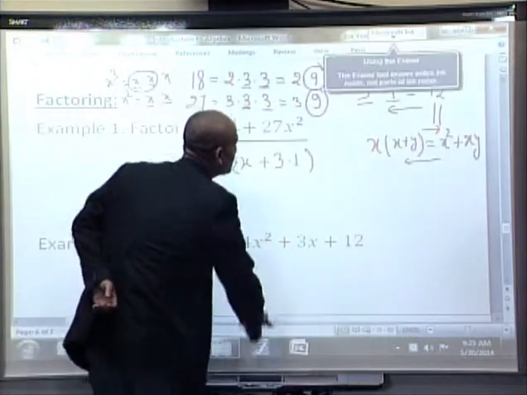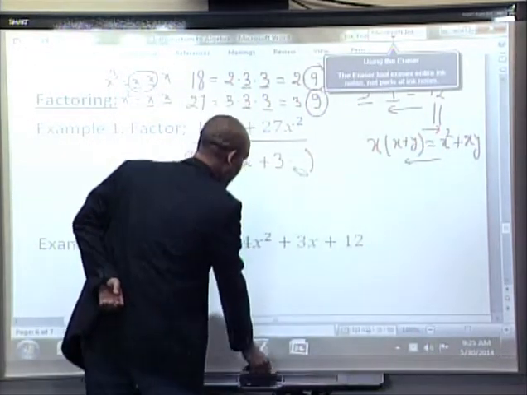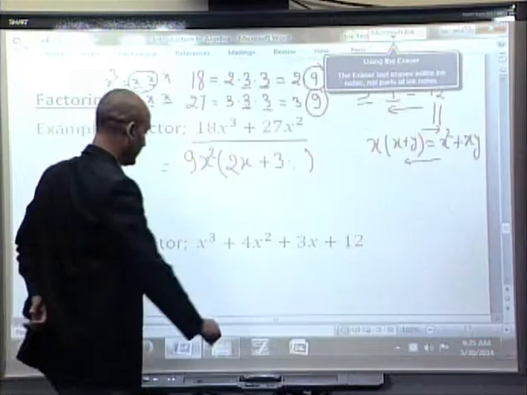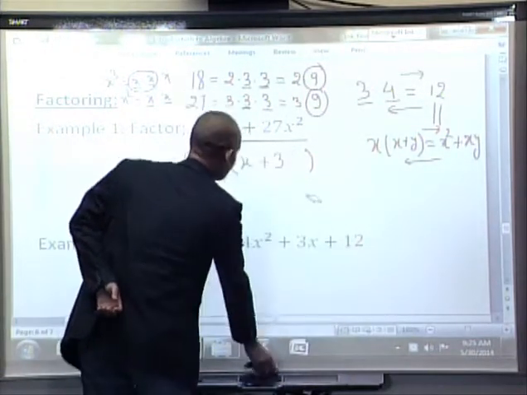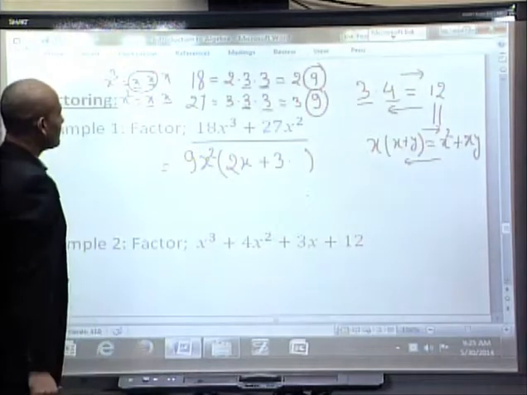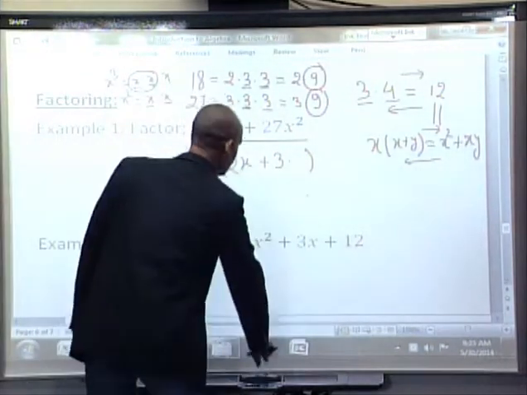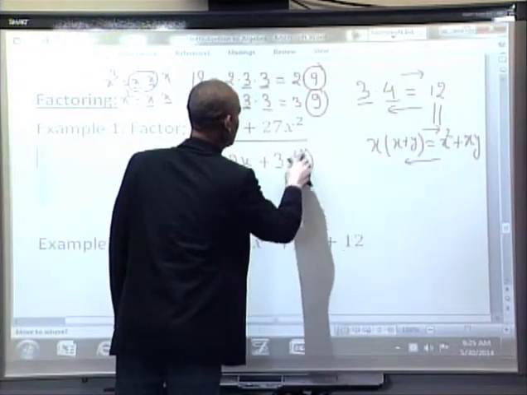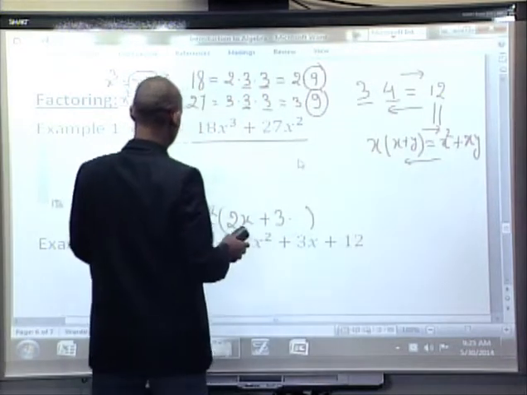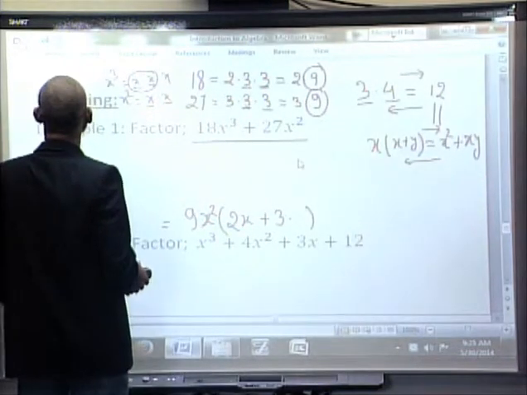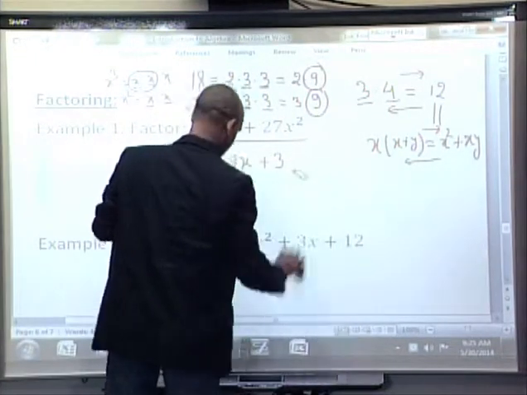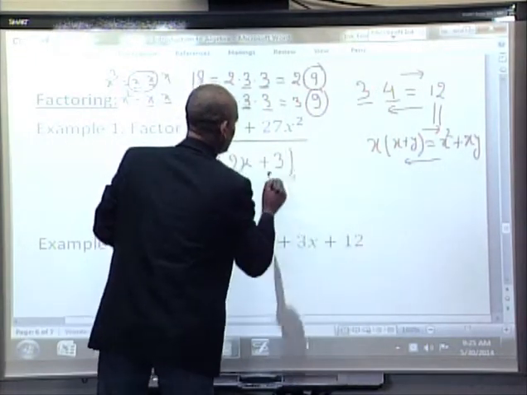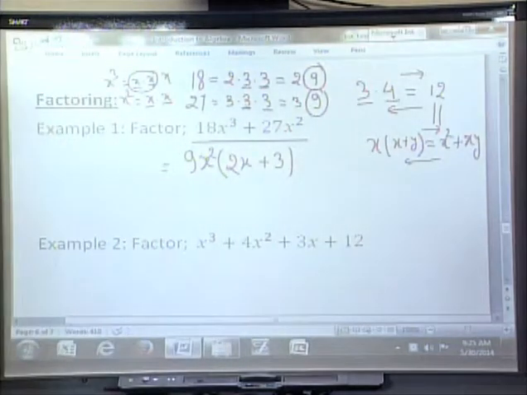It is not necessary to write 1 because 3 times 1 is only 3, so that is basically just 3. So this is the factored form.